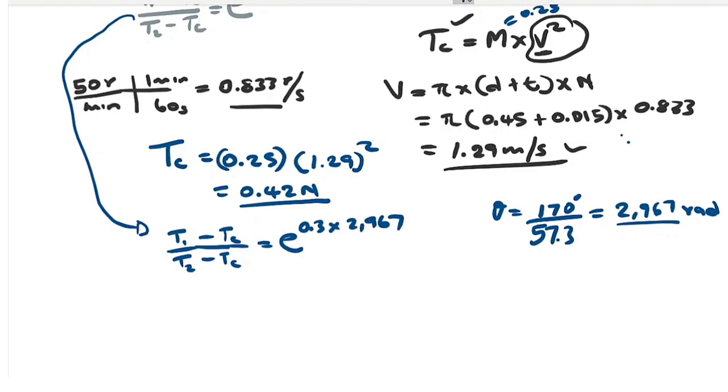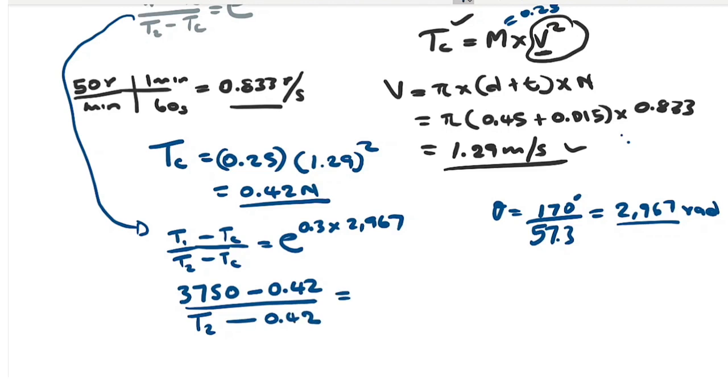Then from here we substitute. We got a tension one here. It is 3,750 minus the centrifugal, 0.42, divided by tension 2. We don't have tension 2, that we are looking for. Then the centrifugal is 0.42.